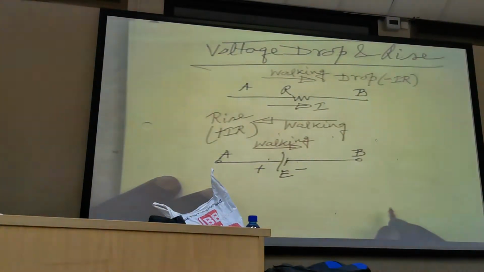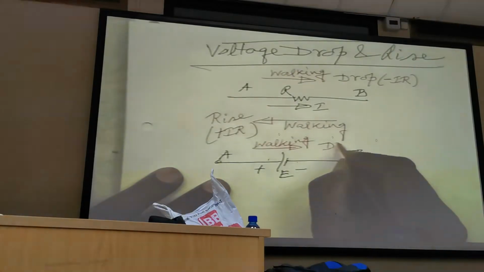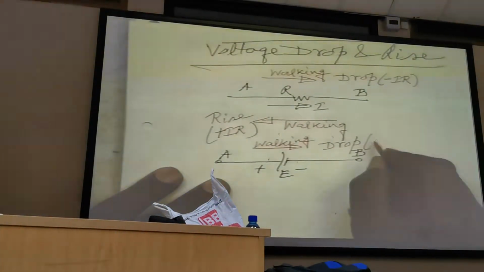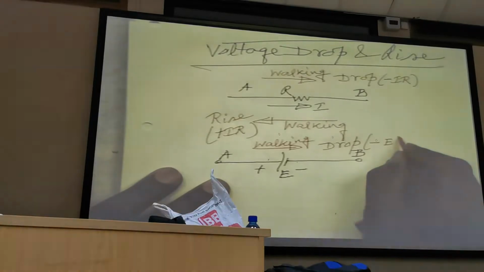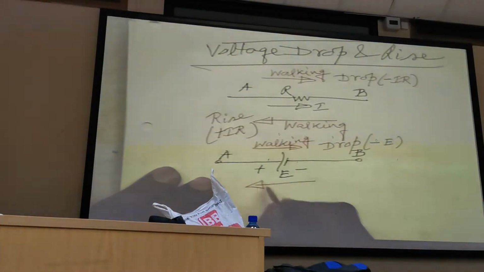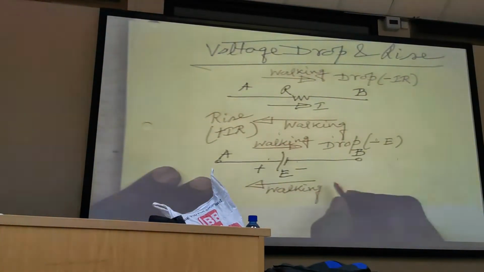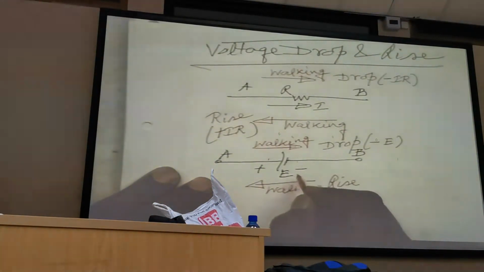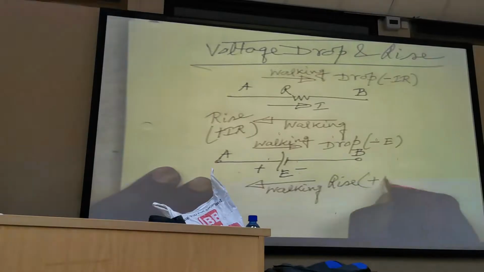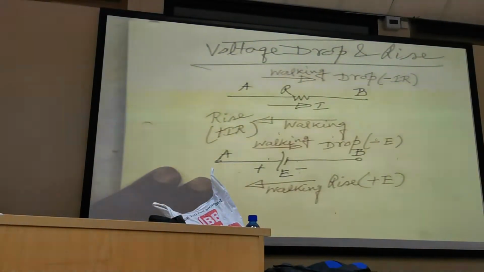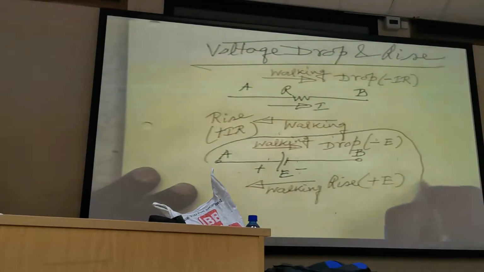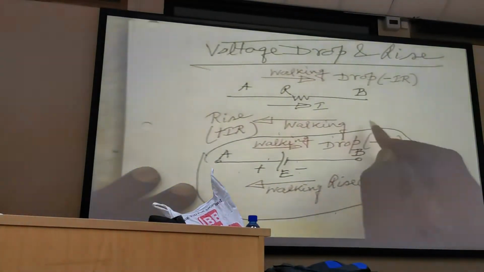This one is drop or rise? This one is drop, that is minus E. Okay? And if you are walking that direction, this one would be rise because you are going from negative to positive, and that is plus E. Clear? So this is all about the battery.